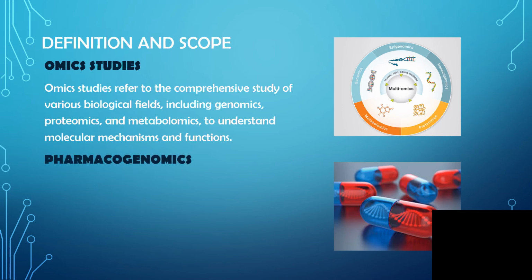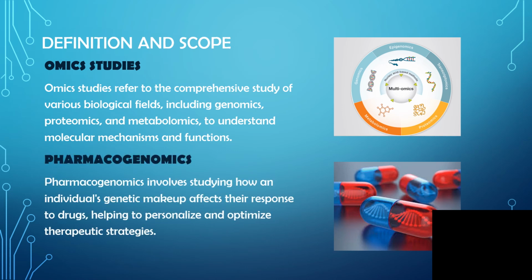And pharmacogenomics, on the other hand, studies how genetic makeup affects drug responses, paving the way for personalized treatments tailored to individual needs. These two fields are closely intertwined and crucial for advancing research and healthcare. Keep this definition in mind as we move forward.